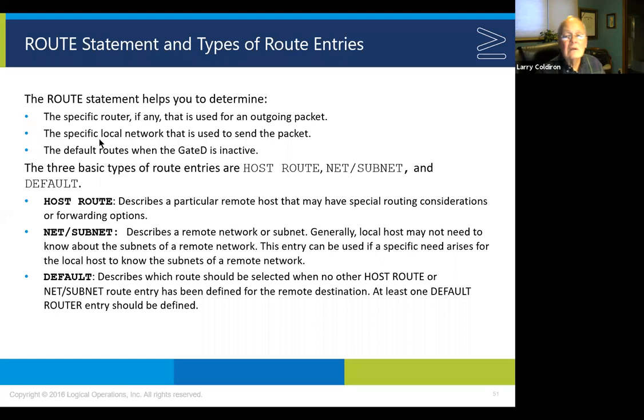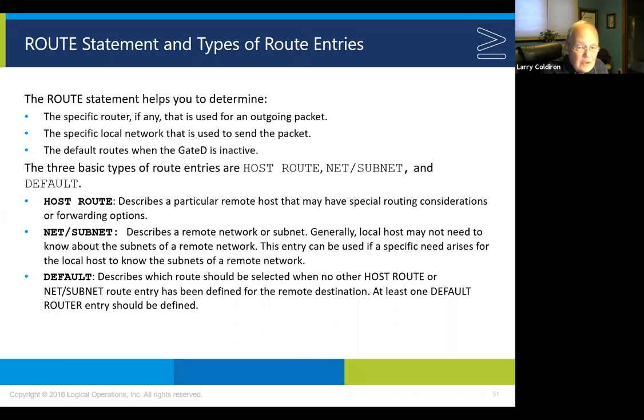The route statement helps us determine the specific router, if any, that's used for an outgoing packet, the specific local network used to send the packet, and the default route with the gateway device. There are three basic types of routes.